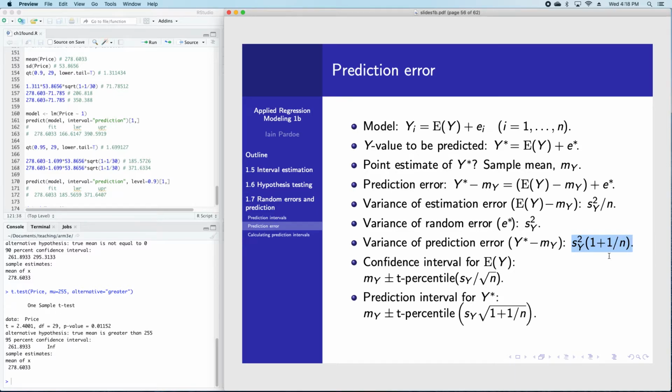It's the square root of that. So s_y times the square root of 1 plus 1 over n. So we can see mathematically that the prediction interval for y star is wider than the confidence interval for E of y, and it's because of this extra 1 in here.